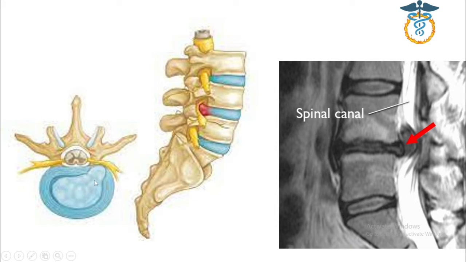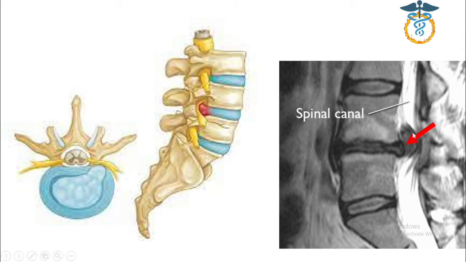This material here herniates through the annulus fibrosus, this part, and the herniated nucleus pulposus will compress the spinal nerves, and the symptoms begin here.